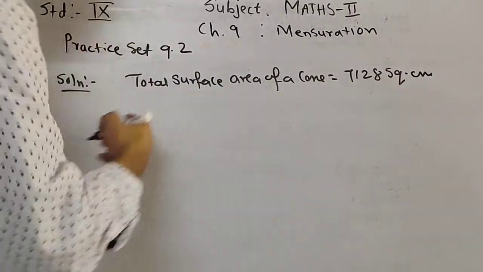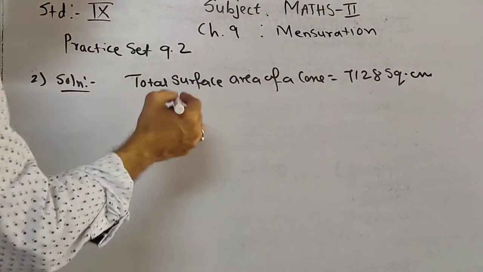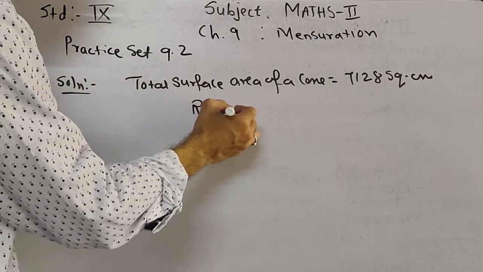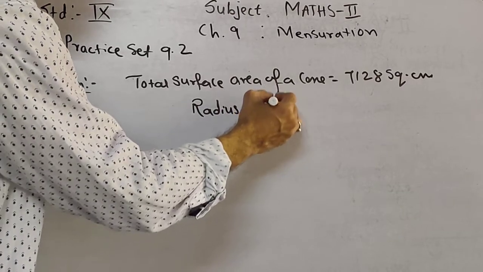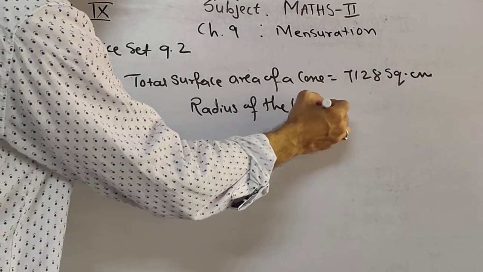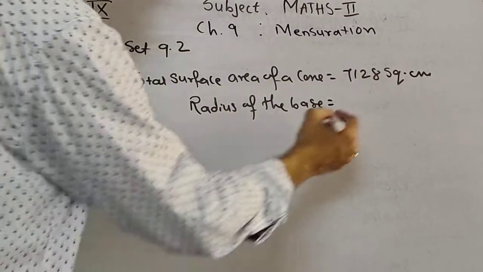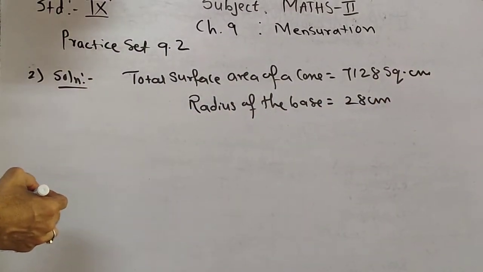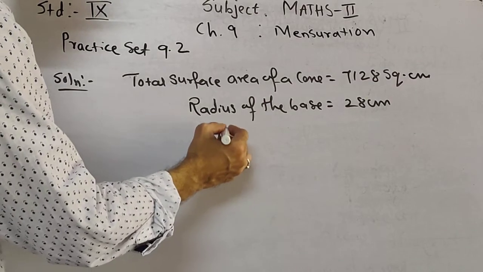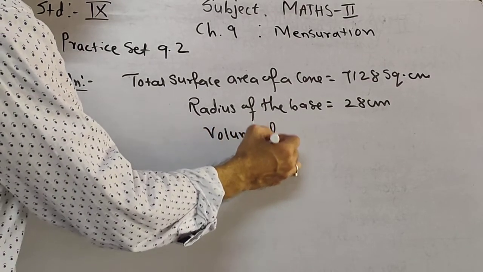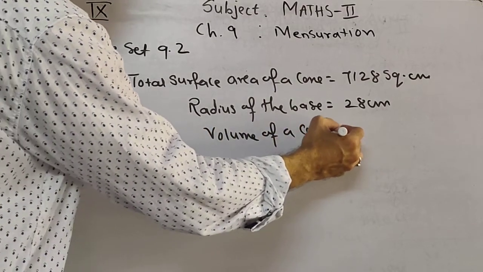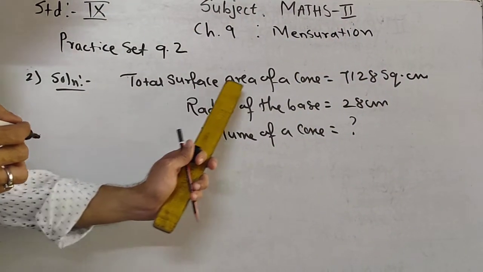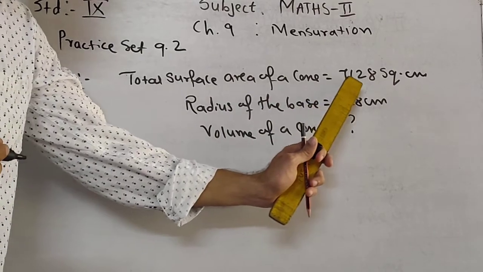Radius of the base of a cone is given, 28 centimeter. Pi value is 22 upon 7. You have to find the volume of a cone.